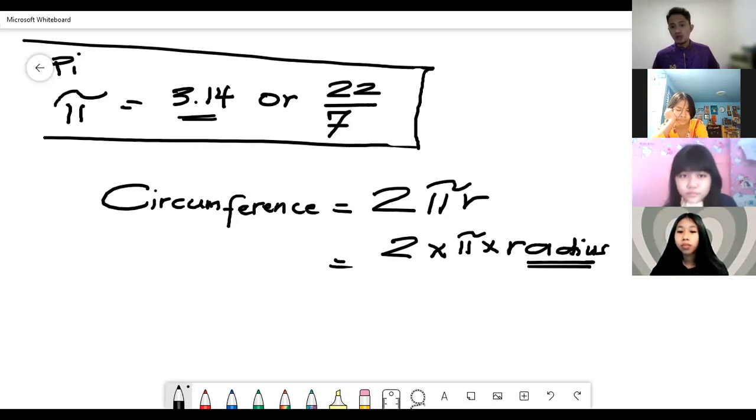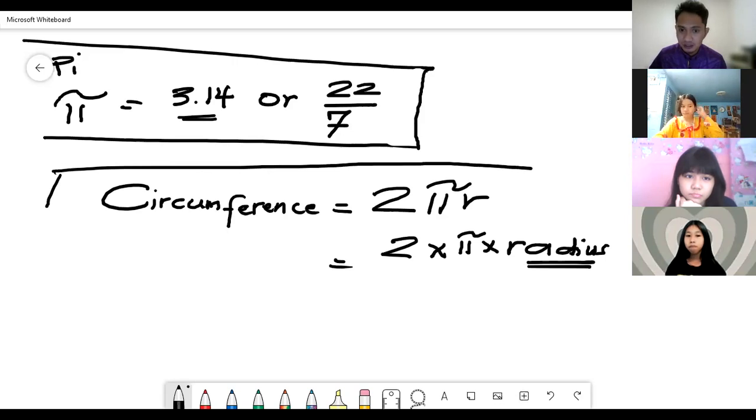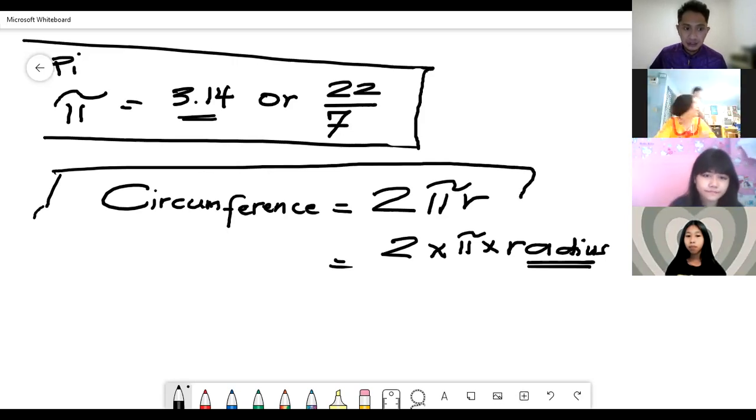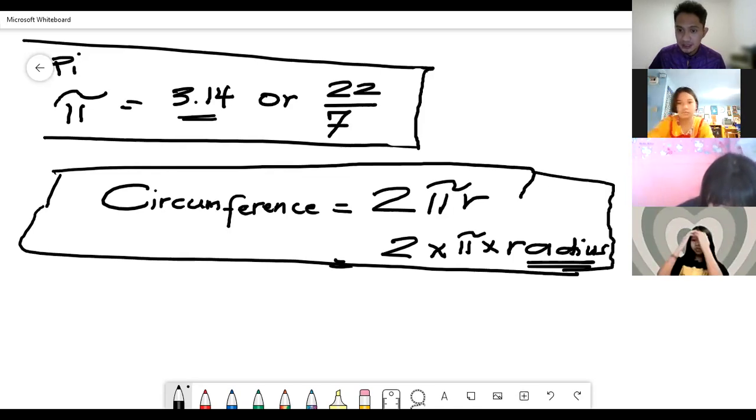Okay? So that is 2 times pi times r, or let's say 2 pi r. Do not forget, please write this one. Circumference, you can write anywhere so that you can understand very easily.